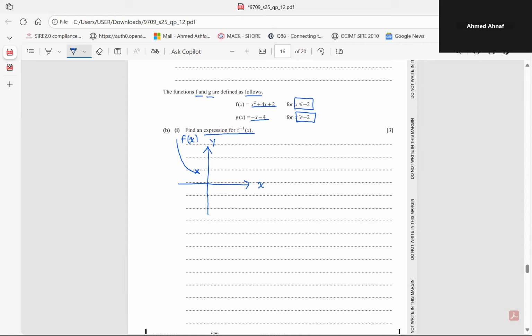And so now we can sketch f inverse x by just reflecting across the line y equals x. So this would be something like this.